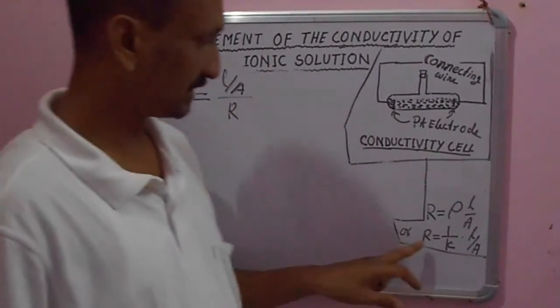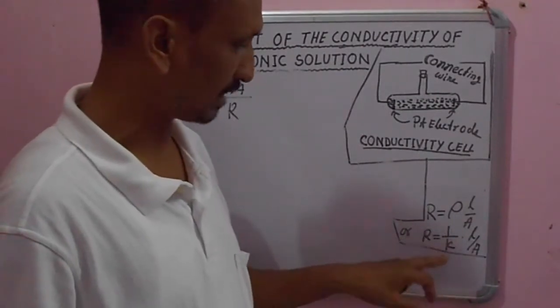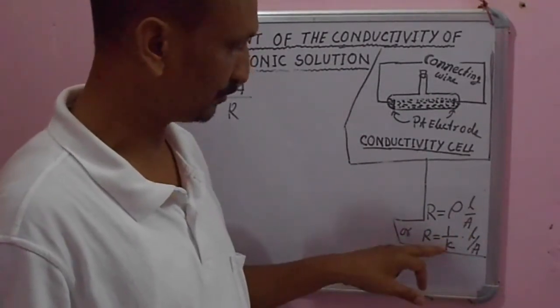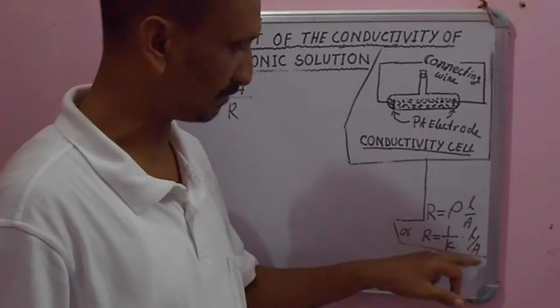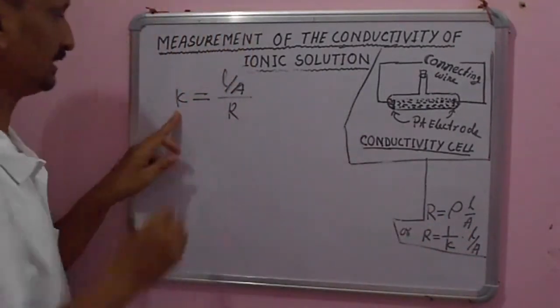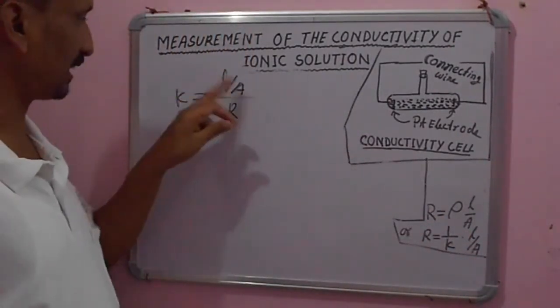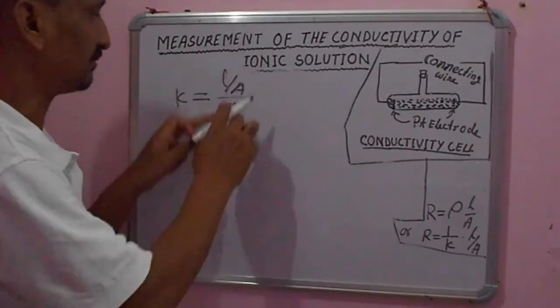You see here R is equal to 1 by kappa into L by A. So if you bring kappa this side, then L by A by R. So kappa will be equal to L by A divided by R, the cell constant divided by resistance.